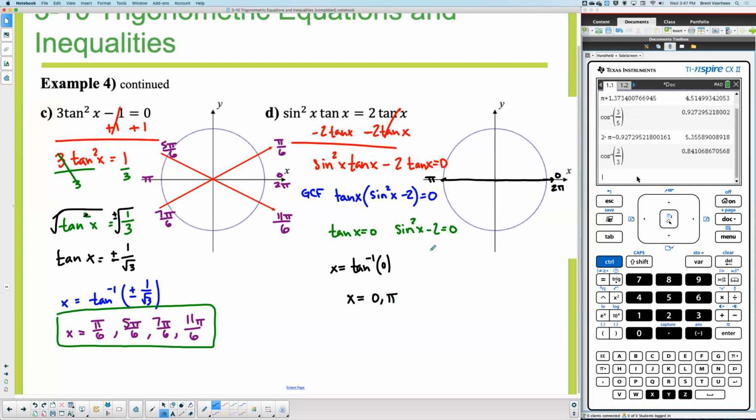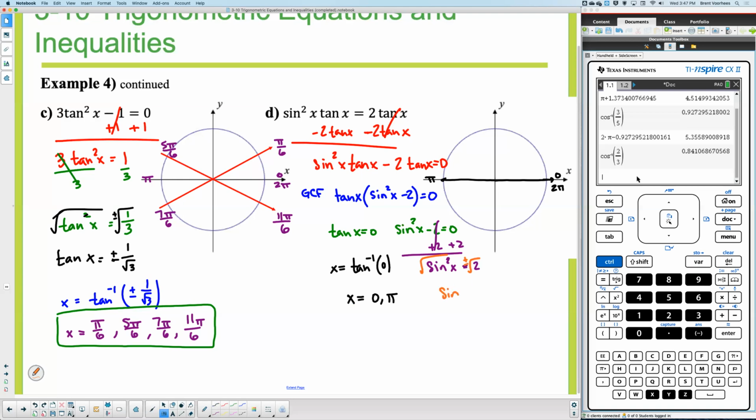Now over here, these aren't going to be any answers at all, because when I add 2, what we're going to find out here in a second is I'm going to be taking the sine squared x of 2. When I take the square root of both sides, we need to have a plus or minus here.